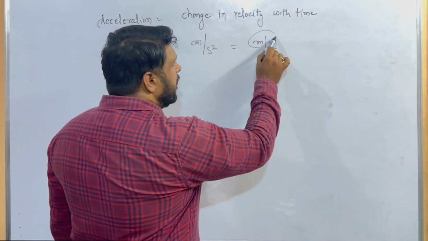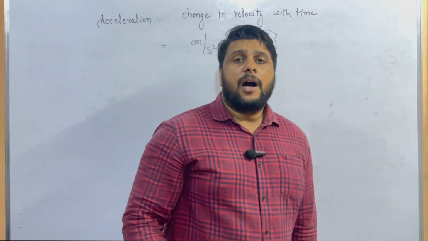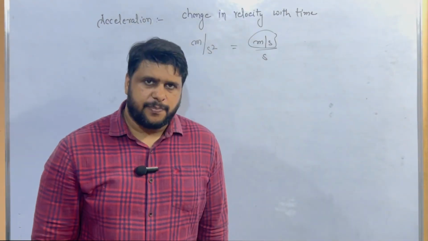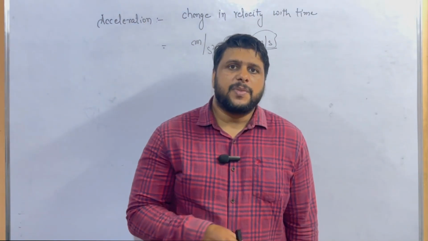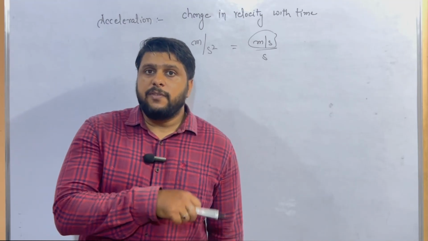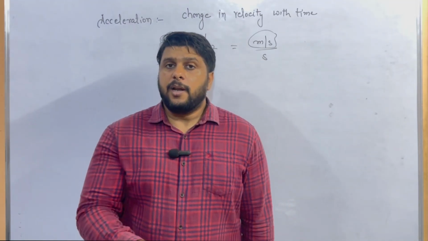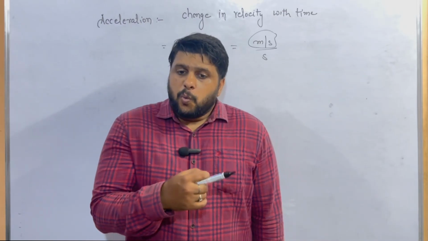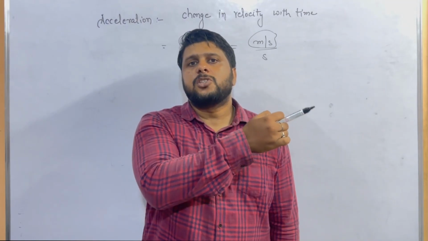Because you need to understand that with every second, how my velocity is changing gives us the acceleration. You need to feel this. In velocity, it was with every second how my distance is changing. Now in acceleration, it is with every second how my velocity is changing.